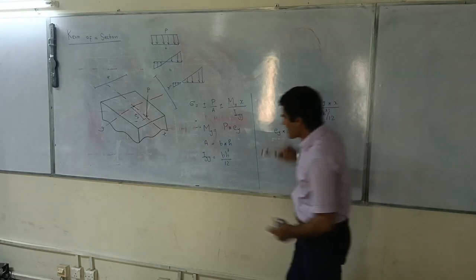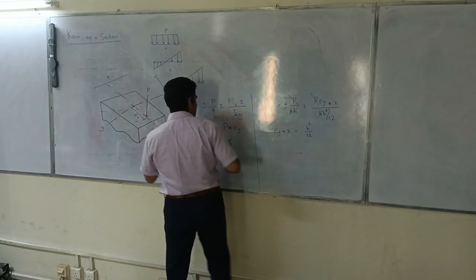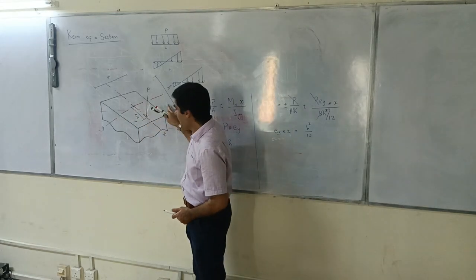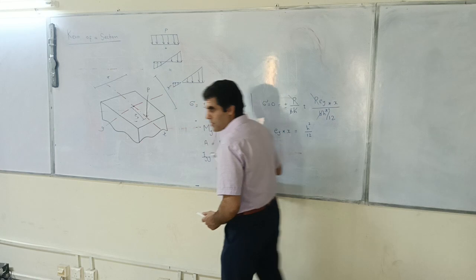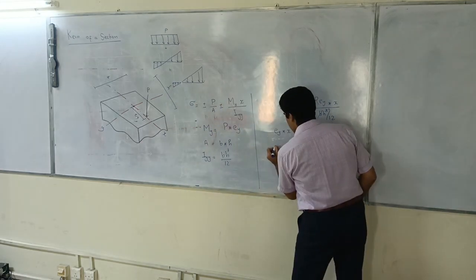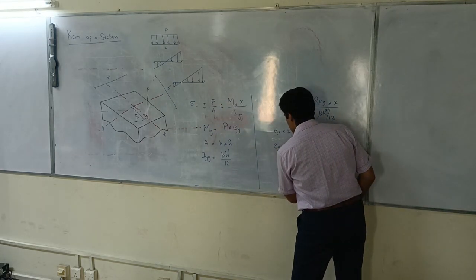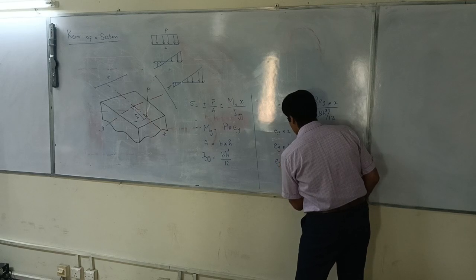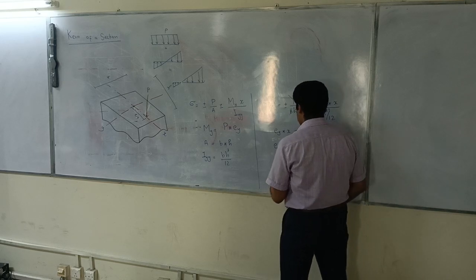Now X, if I want to maximize this point, I have to put X as H by 2. So E_y times H by 2 is equal to H squared by 12, and that comes out to be E_y is equal to H by 6.